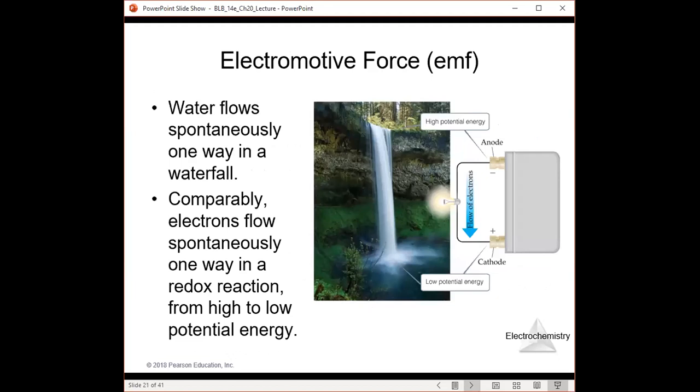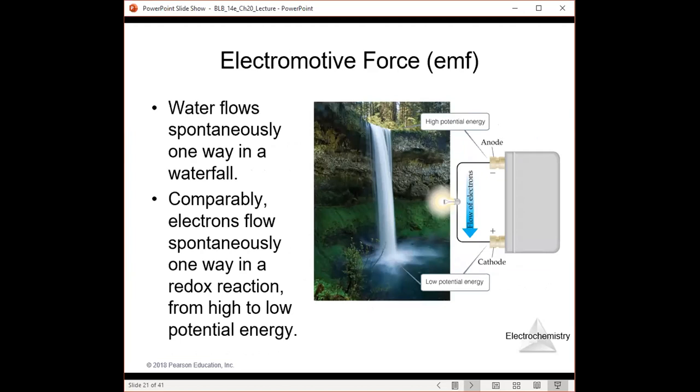Now, when looking at this, there are some other things that we have to talk about. When we talk about voltaic cells and electrons, we have to talk about EMF, or what we call electromotive force.